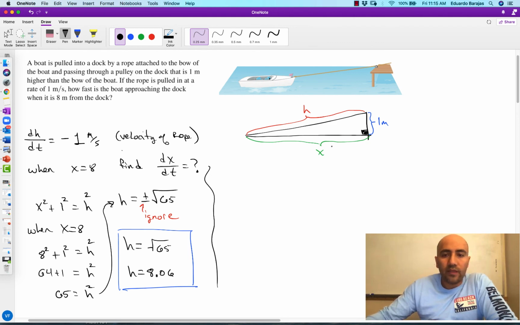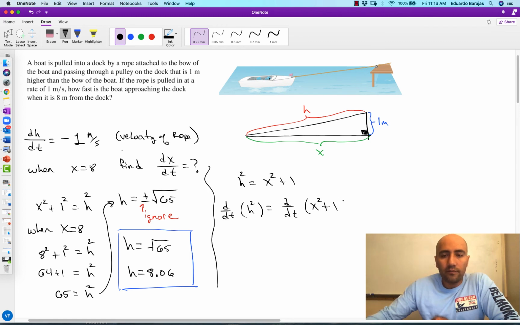Going back to the formula that connects the h and the x variable together, we have that x squared plus 1 equals h squared. Well, you know what? Let me flip it around. Let's say that h squared equals x squared plus 1. And I'm going to take a derivative with respect to t. So d/dt of h squared is equal to d/dt of x squared plus 1.